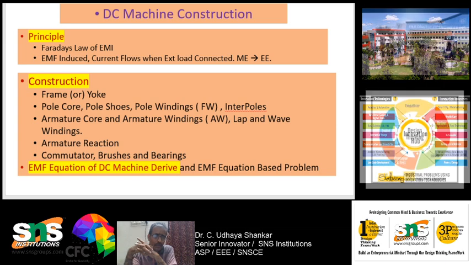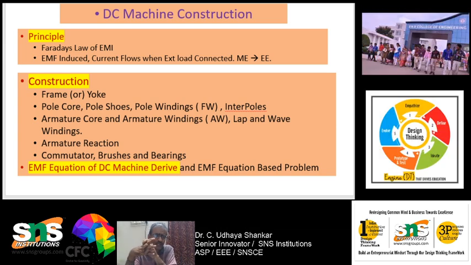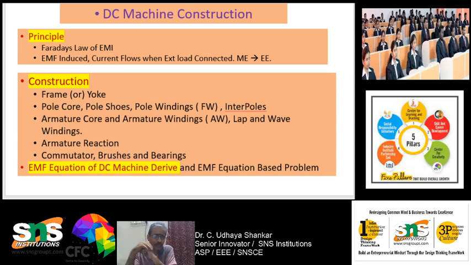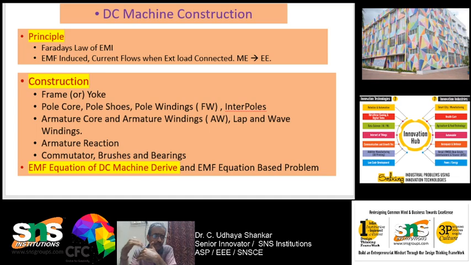What is the difference between a DC generator and a DC motor? If I give mechanical input to the DC machine, meaning I rotate the armature, I will tell you what that armature is, then it will generate electricity, and the mechanical energy is converted to electrical energy.